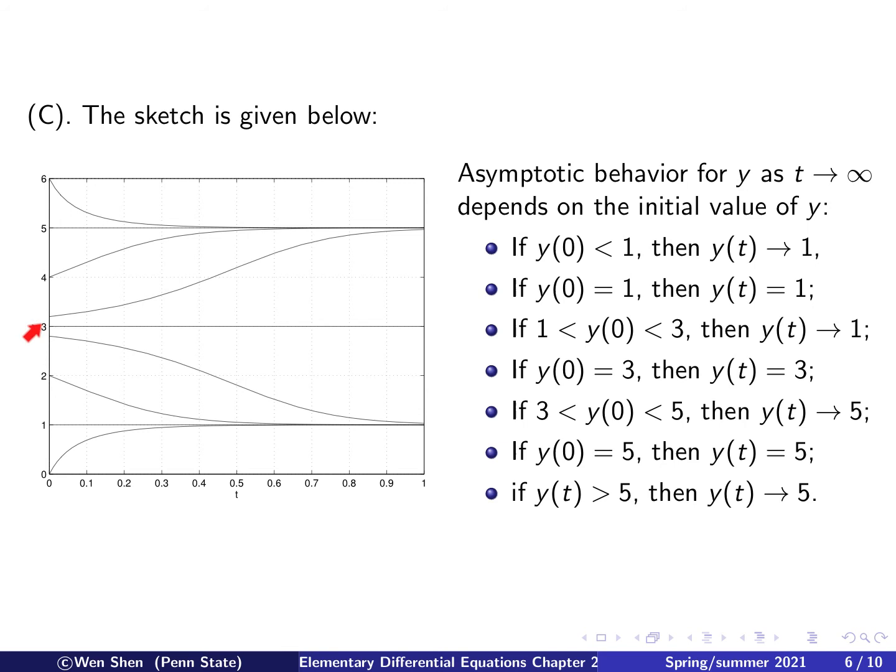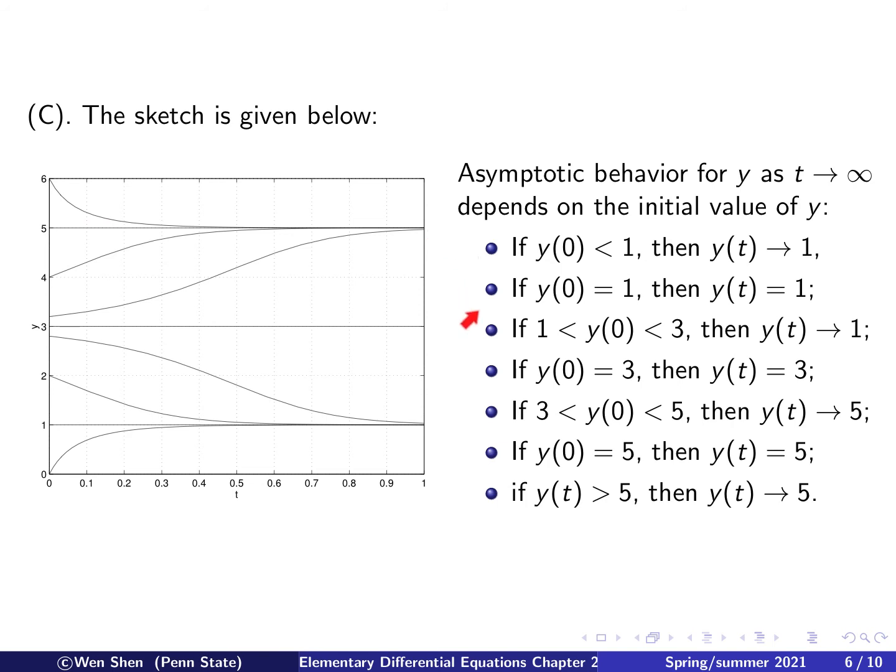Then if y is 3, it stays on it. And next, if y is between 3 and 5, it approaches 5. And then if y is 5, it stays on 5. And the next one, if y is bigger than 5, it approaches 5.